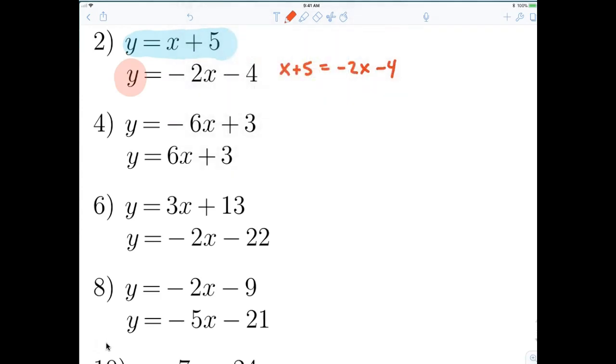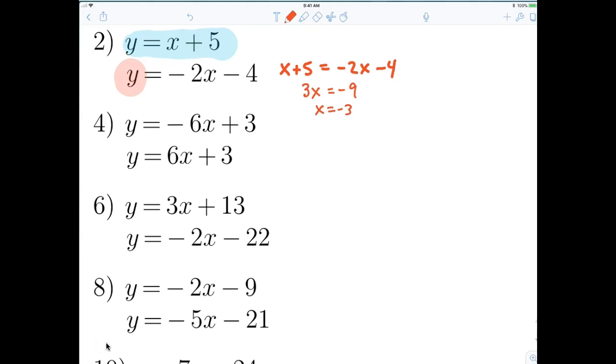Does anybody have any questions with that step? Now I add 2x and subtract 5. If I add 2x, I get 3x, and if I subtract 5, I get 3x equals negative 9. So x is equal to negative 3.